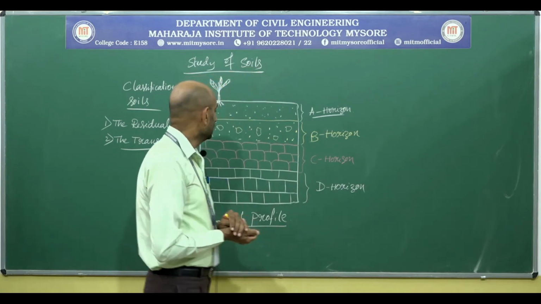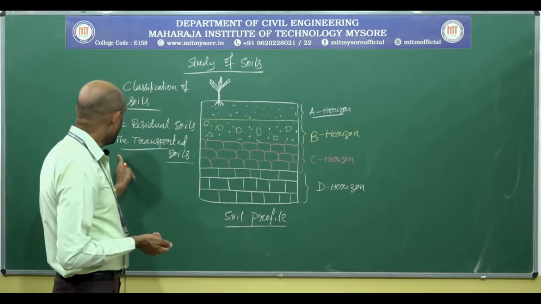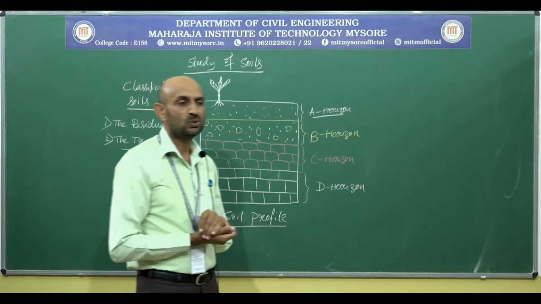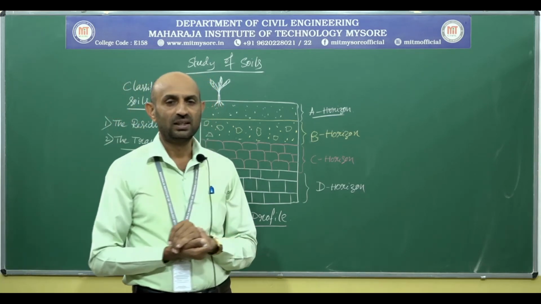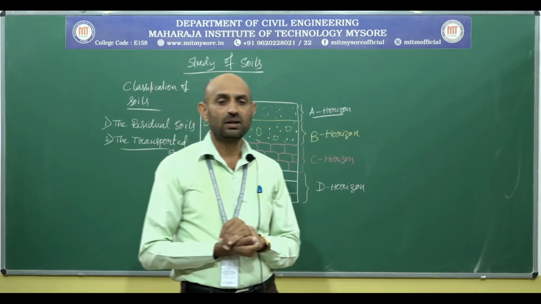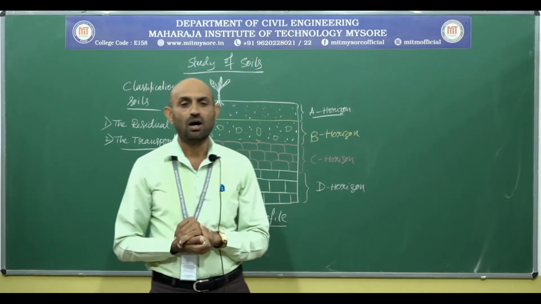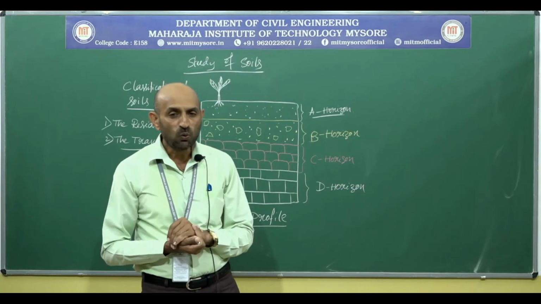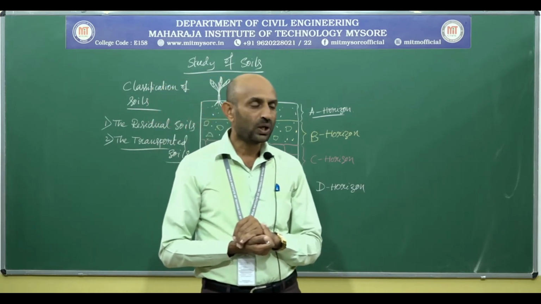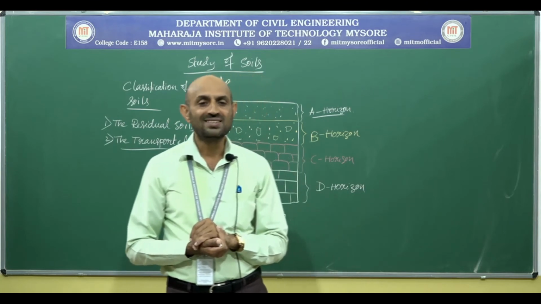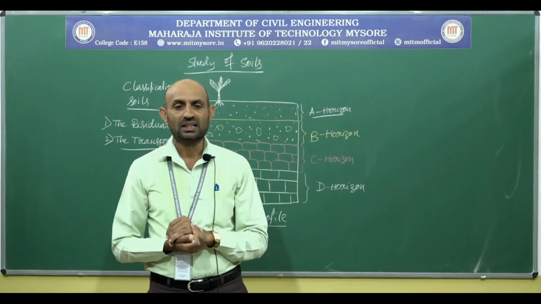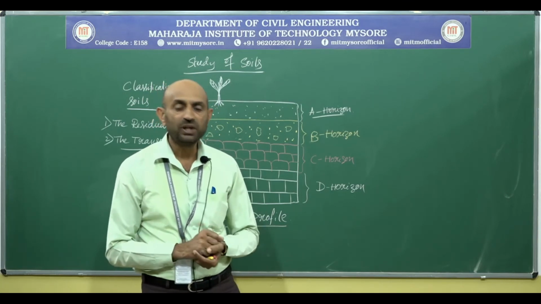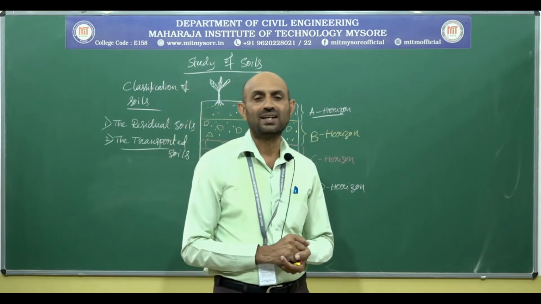Again, the transported soils have been classified into 5 kinds, depending on the place of occurrence or the geological agent involved in their transportation. The next is classification of transported soils.